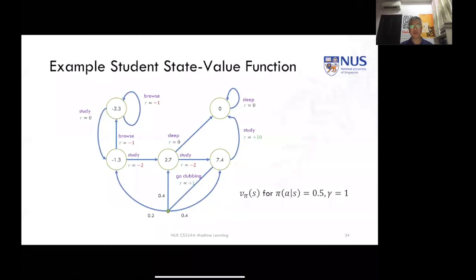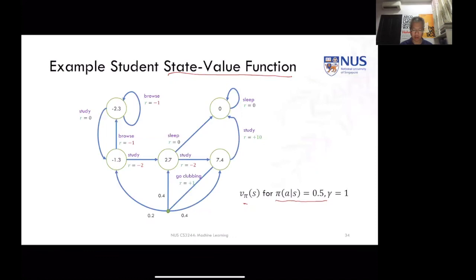So now we can look back at our student MDP and look at the state value function that we might calculate. Here we have to set a policy, remember that, because we have this pi here. For this particular diagram, we're going to look at a uniform policy. So for all of the different actions that we can take, it's just going to be a uniform case.